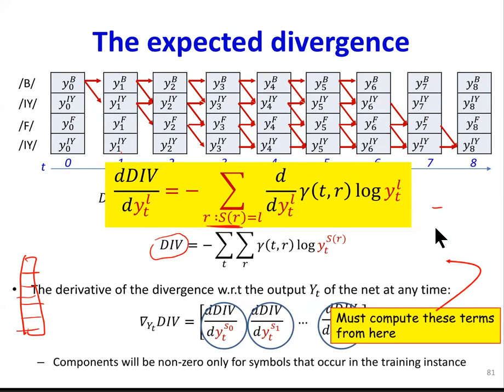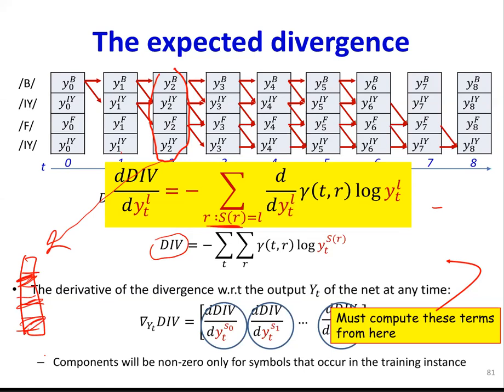Now consider this one. If I want to compute the derivative of the divergence with respect to the output of the network at time 3, the derivative with respect to all the symbols that are not represented here is going to be 0, because obviously they don't influence the divergence, correct?